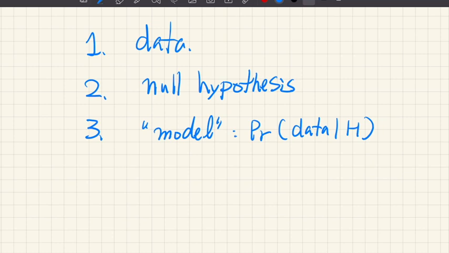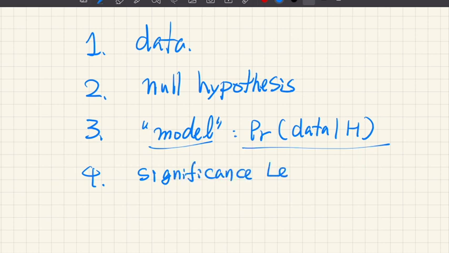So we need some kind of method to calculate this probability, and that is called the model here. And we also have to give the significance level. Usually we use 5%, or if you want to be more strict, we use 1%.